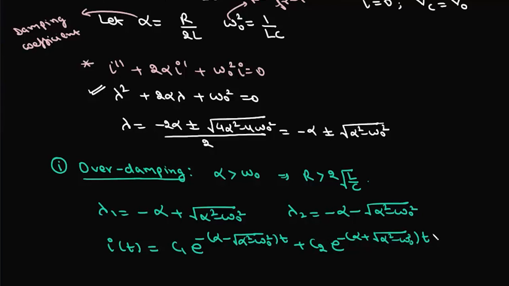So when the switch is closed, this is the transient response of the circuit. Now using initial conditions, we can find the values of C1 and C2.